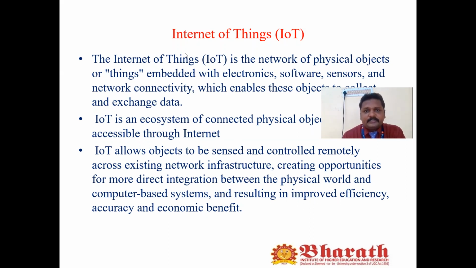So the definition of the Internet of Things is the network of physical objects or things embedded with electronics and software as well as sensors. The main part of the Internet of Things is the sensor, because only the sensor will be collecting the data.